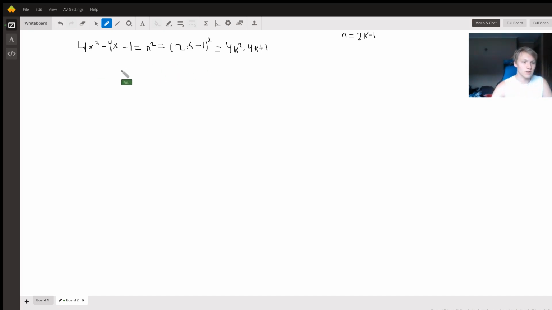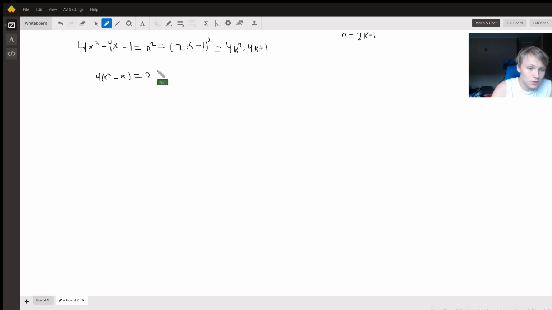So these look pretty similar. We're just going to work them down a little bit. I'm going to pull a 4 out of the front two terms, 4 times the quantity x squared minus x. I'm going to move the 1 over to the other side and pull a 2 out of everything. I'm going kind of fast here, I'm running out of time.